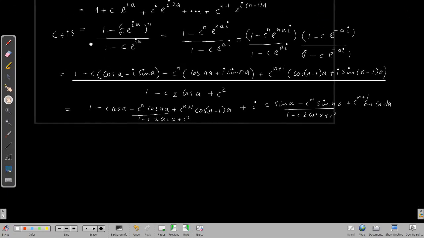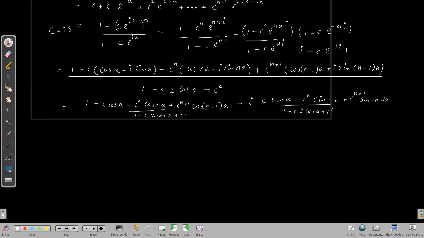That is, here we have 1 plus c cos a plus c square cos 2a plus up to the nth term, which will be c raised to n minus 1 cos (n minus 1)a.